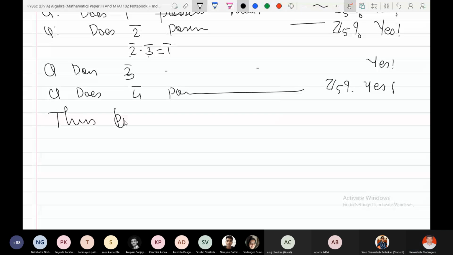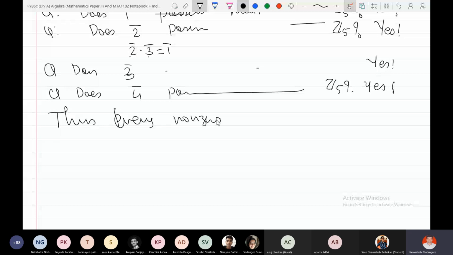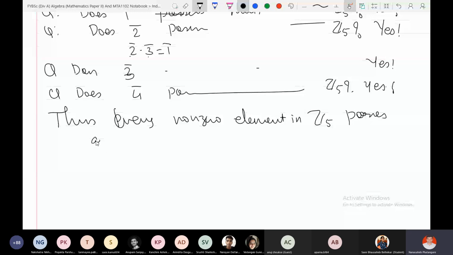Every non-zero element. Zero means what? In Z5 or Zn, what do I mean to say that zero means 0 bar, the class of 0. Every non-zero element in Z5 possesses a multiplicative inverse.